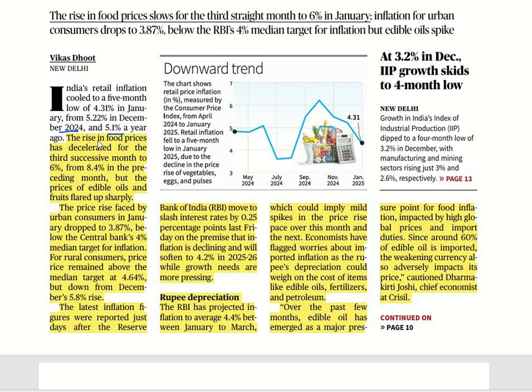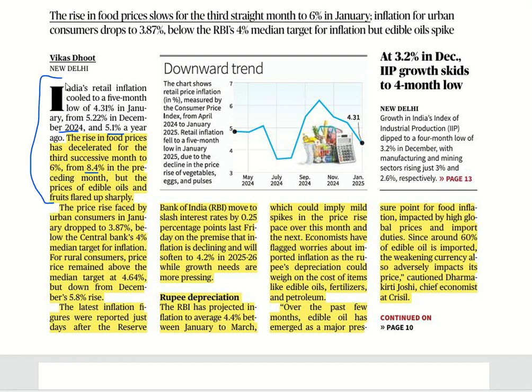The rise in food prices has decelerated for three successive months to 6% from 8.4% in the preceding month, while the prices of edible oil and fruit flared up sharply. So this is the main data you can use in your exam.